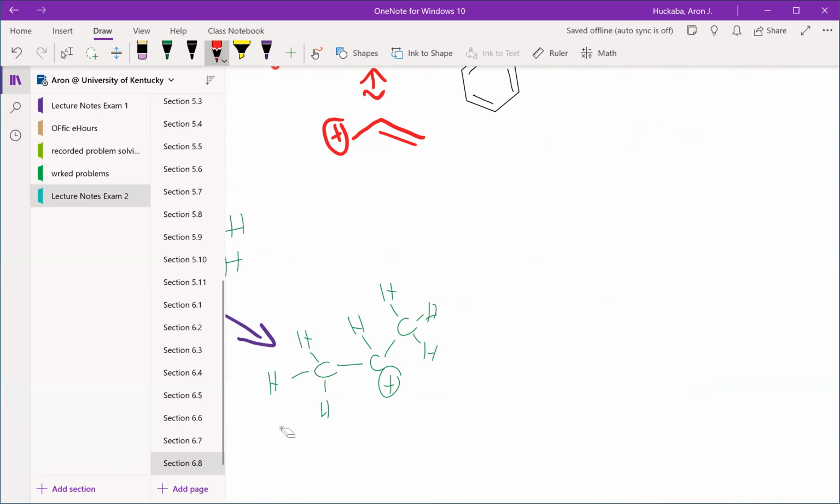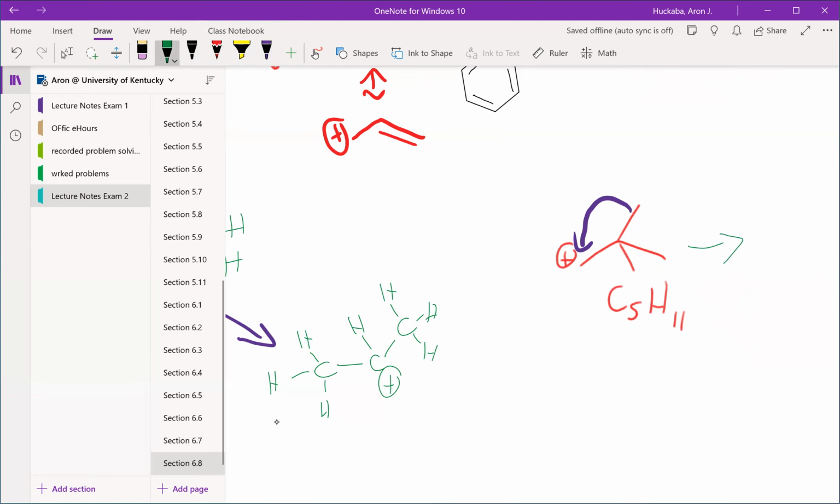So if you have, let's say, this molecule, where the formula here is C5H11, with a positive charge here, the same thing occurs, except this time, instead of a proton moving, it's a carbon that moves.